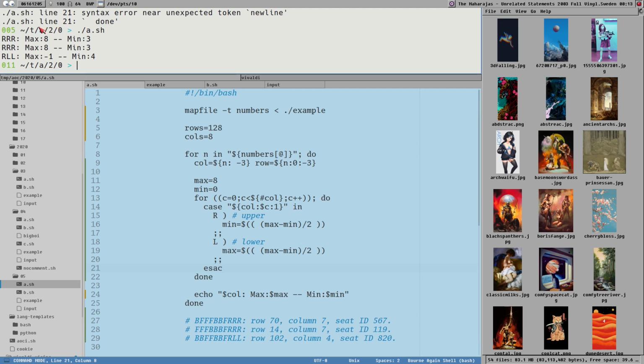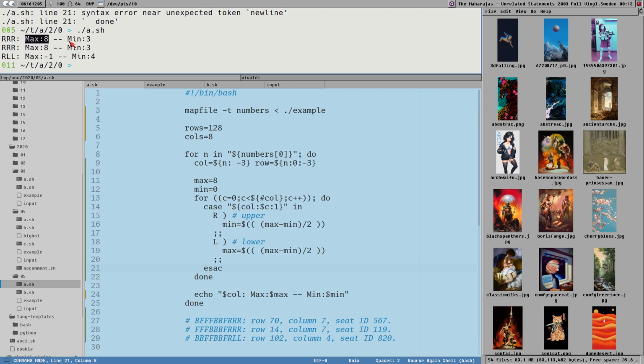Well, let's see. We got the first one. Right. Yeah, that's right, because then it's never... Then max should be 8 every time. So min the first time, min will be 4.